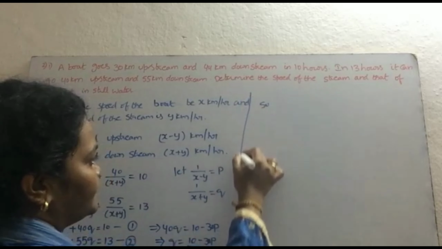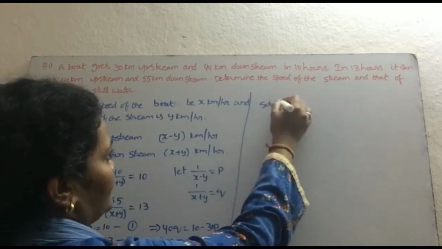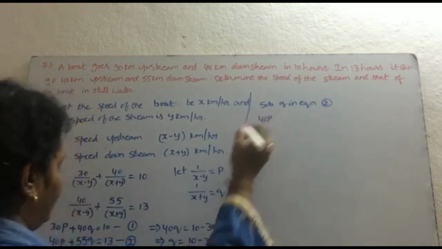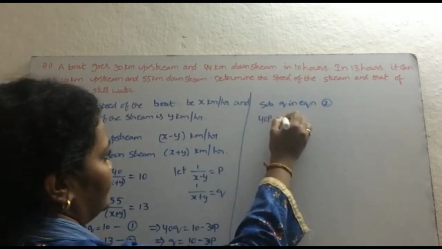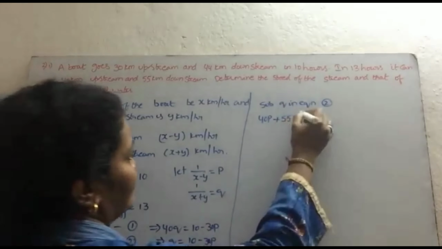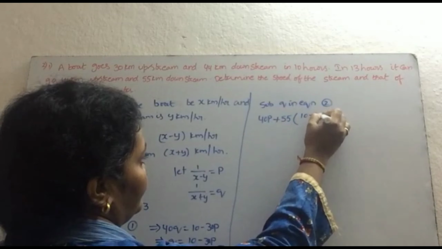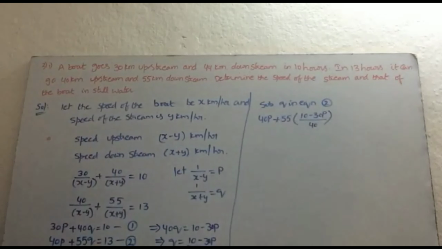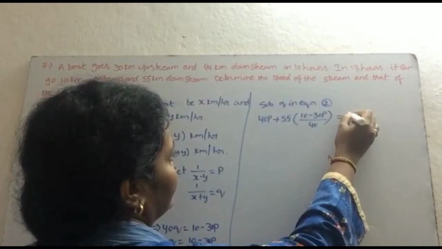Substitute q in equation 2. We will get 40p plus 55 into 10 minus 30p by 44 equal to 13.